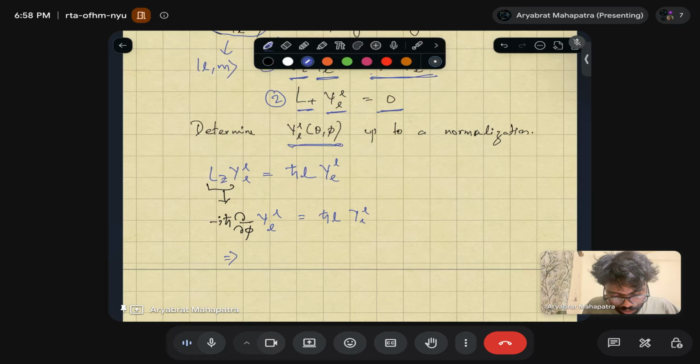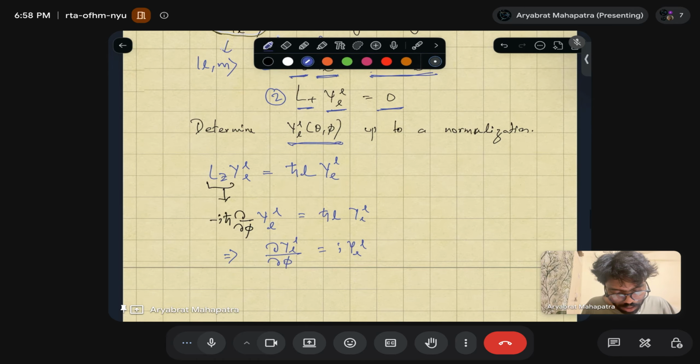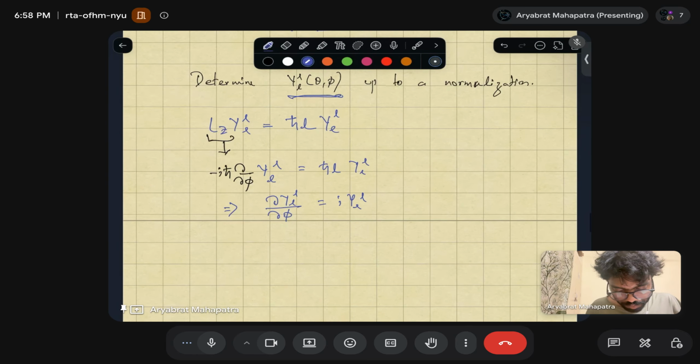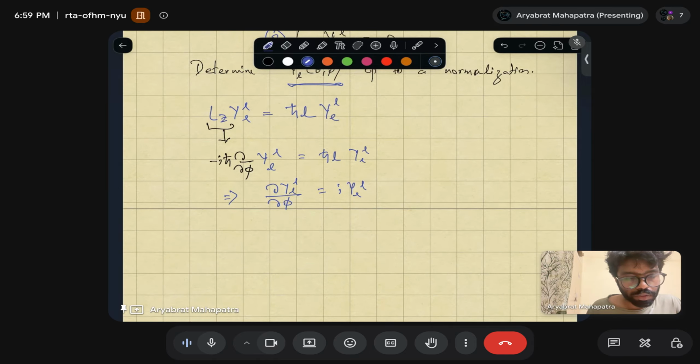Here you see this forms a differential equation, basically a type of partial differential equation, with i times Y_l^l. Now again you can use your idea about solving differential equations, like you do in mathematical courses.